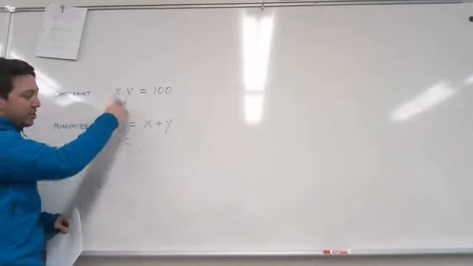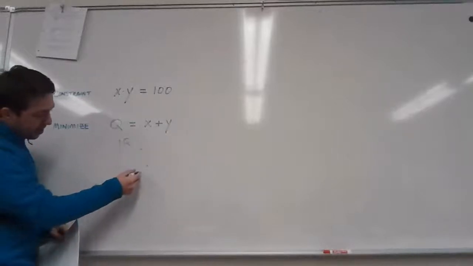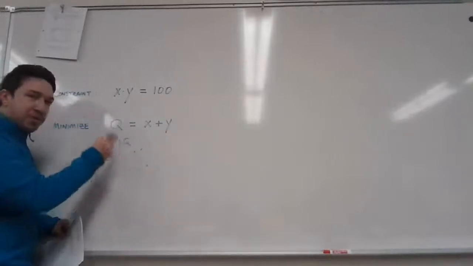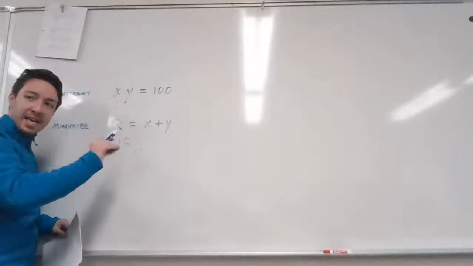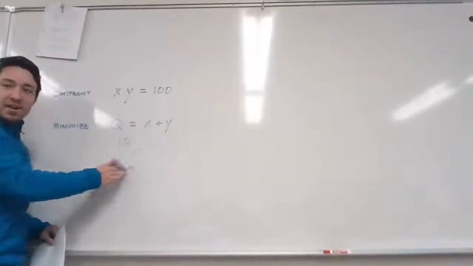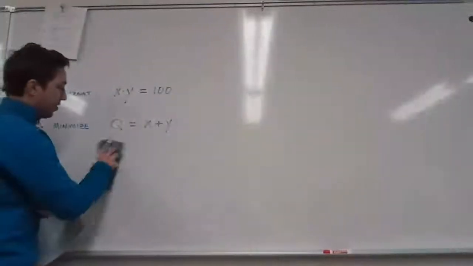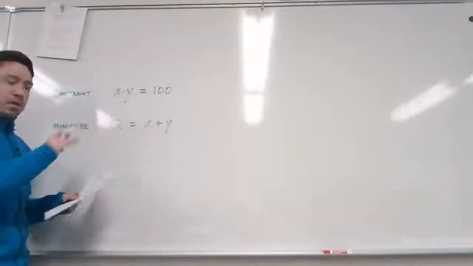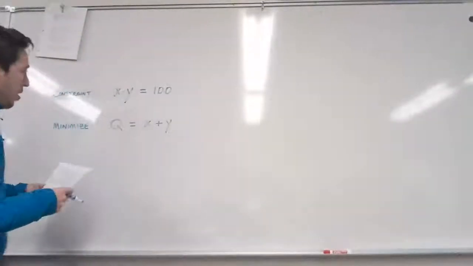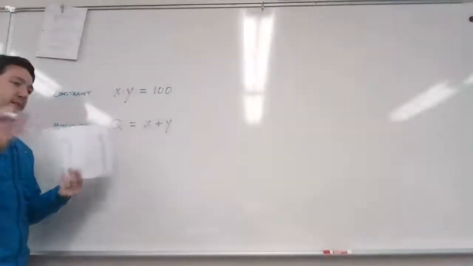You draw the curve X times Y equals 100, and then travel along this curve and figure out the lowest point on the plane that you hit. It's a pretty interesting way to do it, but that's beyond the scope of this class. I just thought I'd mention it because it's kind of neat. If you take calculus 3, you'll do a lot of 3-dimensional stuff. That's typically the first class where you start really going into 3 dimensions.